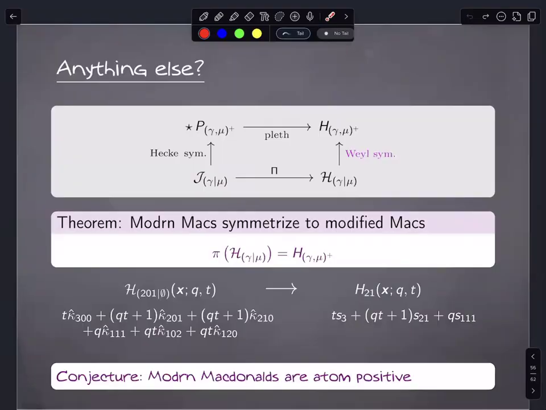And not only that, but we can complete this commutative diagram, because when we looked at examples and applied the Weyl symmetrization, we got an actual modified Macdonald, which is Schur positive. So this suggested that our modern Macdonalds are atom positive and that they Weyl symmetrize to the modified Macdonalds. So, of course, that brings a lot of questions forth.